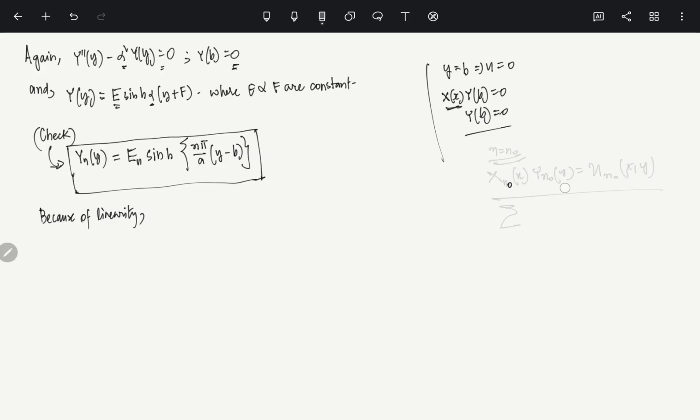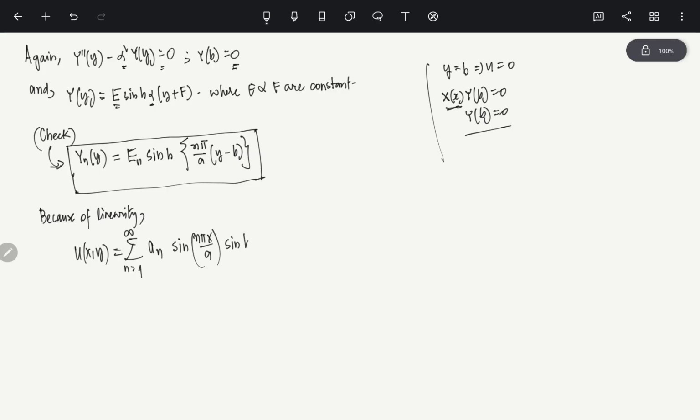So because of the linearity, we say that u of x,y is nothing but the summation n equals 1 to infinity, and then we'll put some constants here, a_n times sine n pi x by a, and then sine hyperbolic n pi by a, and then y minus b. Clear? This is what we are getting.